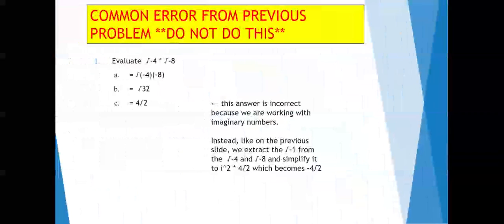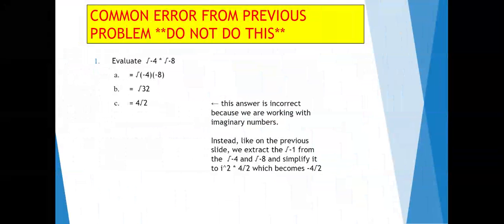And that's your answer. So, a common error from the previous problem, please don't do this. What some kids do is take the square root of -4 times -8 directly, and then they would say that's the square root of 32, which is just 4 root 2.